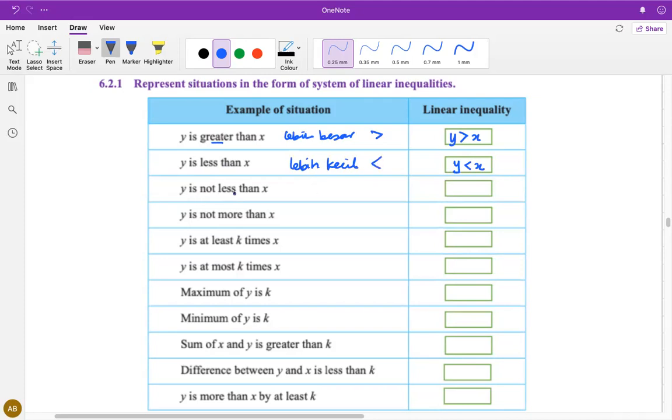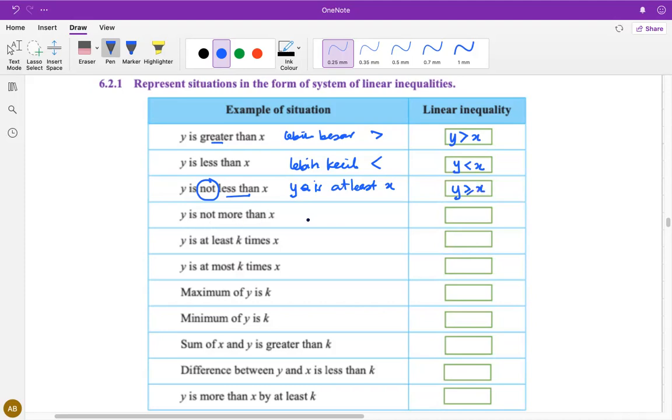So y is not less than x. We put not in front of less than, and less than is smaller than. So if y is not less than x, that means y is at least x, y ≥ x.